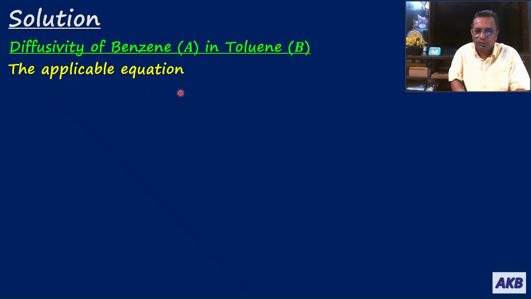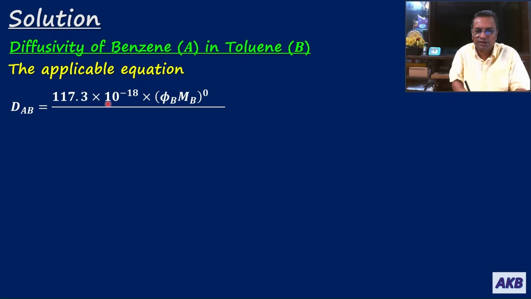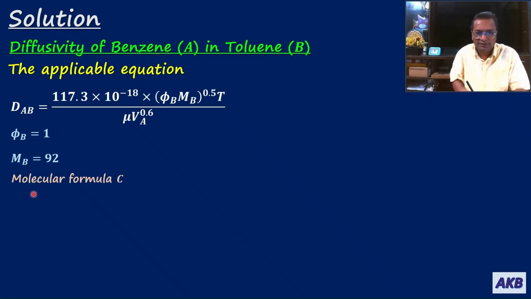The applicable equation, the Wilke-Chang equation, is DAB is equal to 117.3 into 10 to the power minus 18 into phi B into MB raised to 0.5 into T divided by mu into VA raised to 0.6. So in this case phi B is 1 because benzene is non-associating, toluene is non-associating. MB is 92, the molecular weight of toluene.